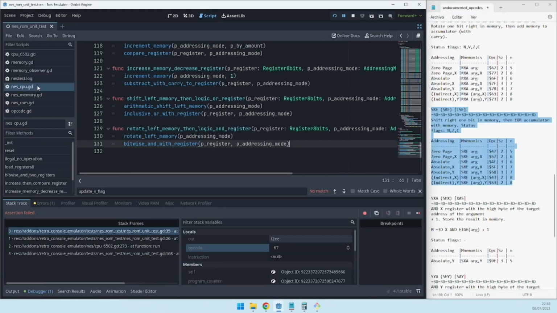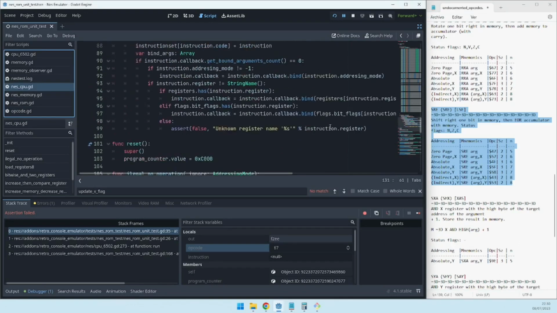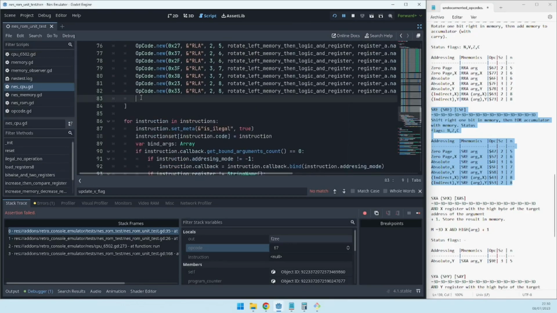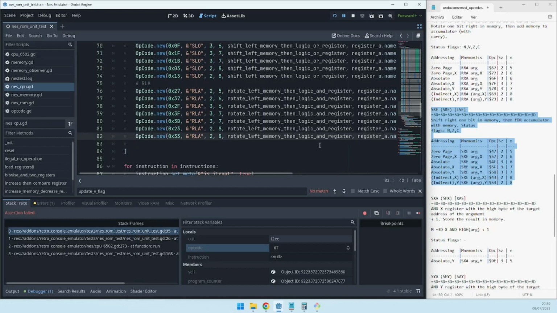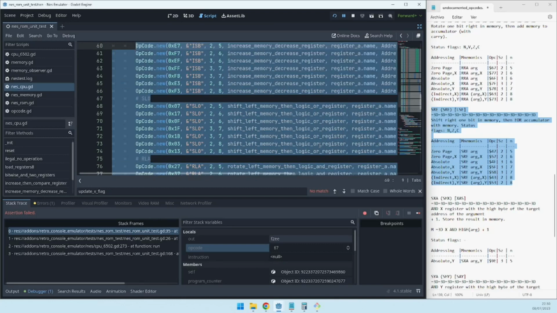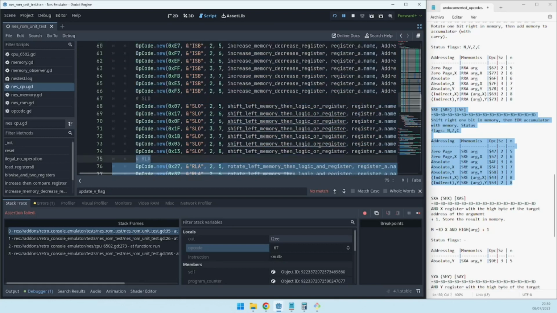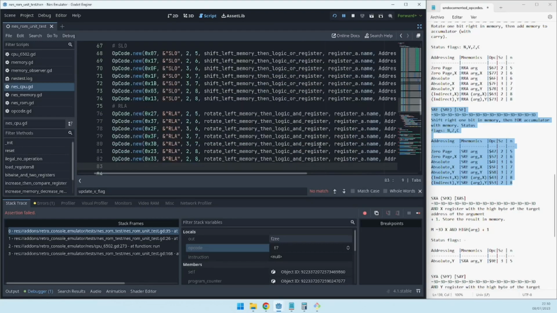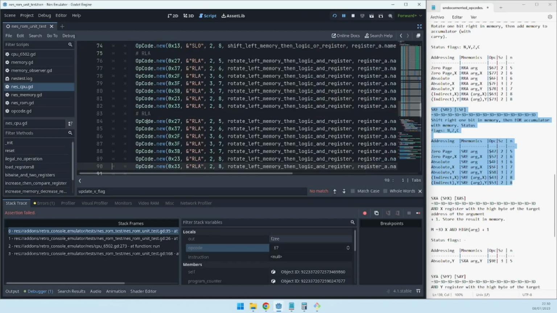Let's close this for now. So this is 1, 2, 3, 4, 5, 6. The same 7 addressing modes. So let's just copy this. Oops, I did something stupid. So now let's change this to shift right exclusive OR.